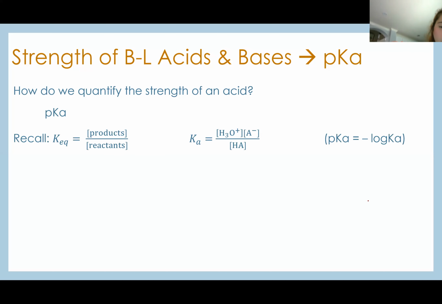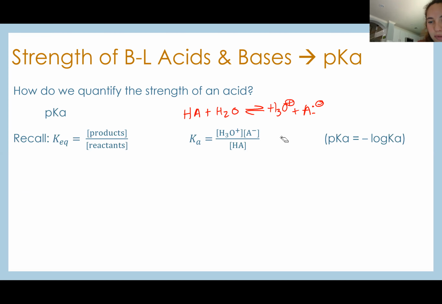But for a general acid-base reaction of HA plus water producing hydronium and A minus, your Ka expression looks like this, where you have the concentration of hydronium times the concentration of your conjugate base over your acid.